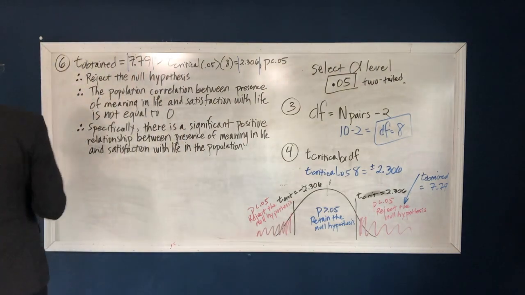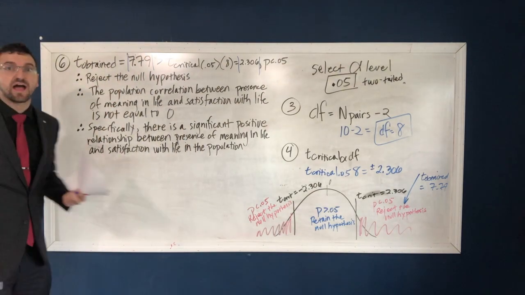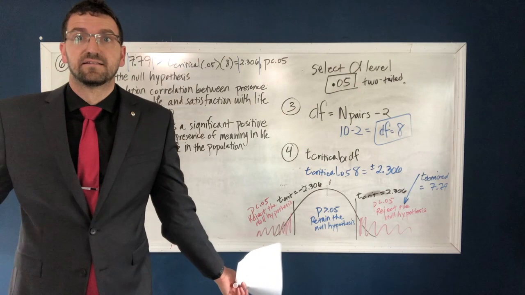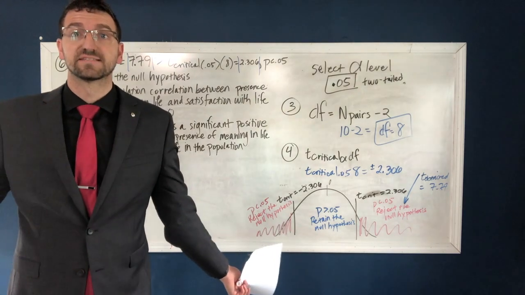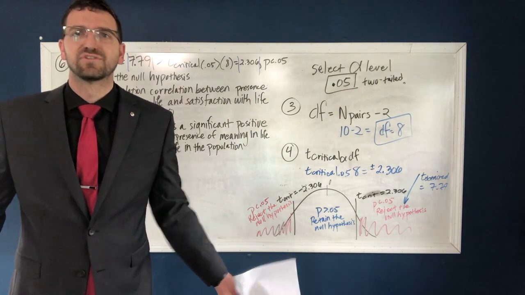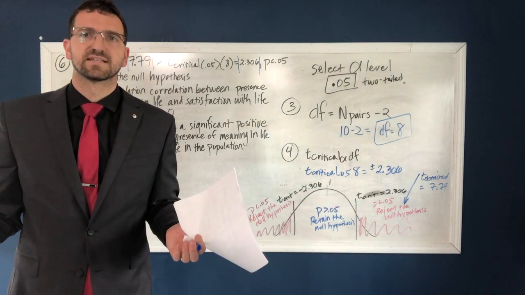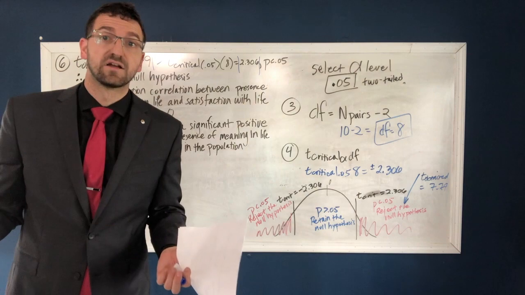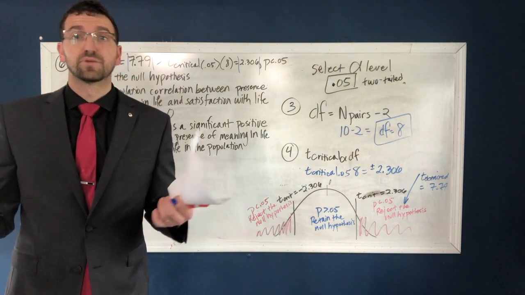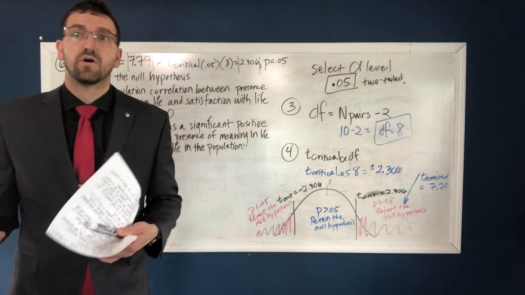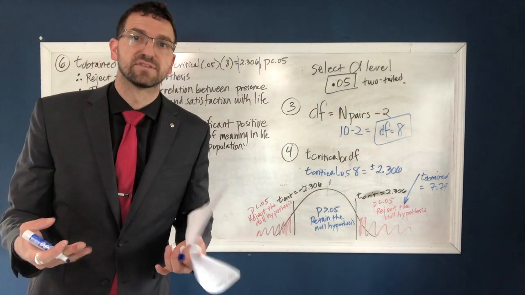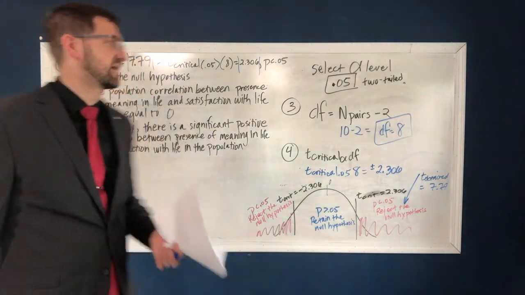Okay, so when we reject the null hypothesis, there's only one hypothesis left, right? We only have two choices when we're doing inferential statistics. We're either going to reject the null hypothesis and interpret the alternative hypothesis, or we're going to retain the null hypothesis and interpret the null hypothesis.